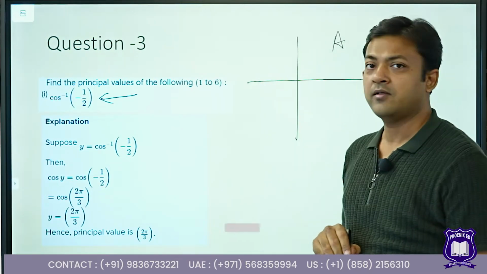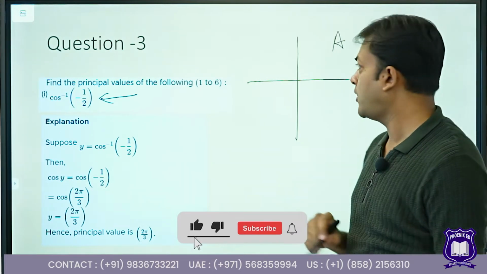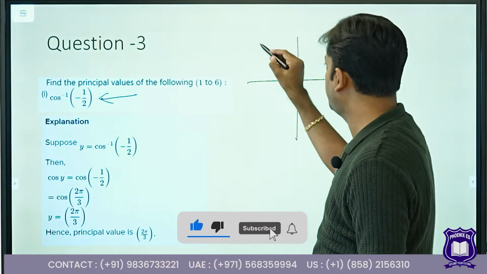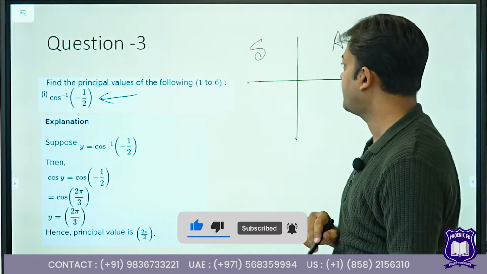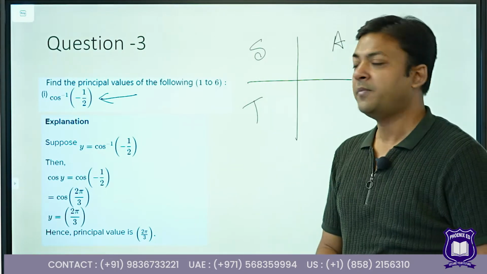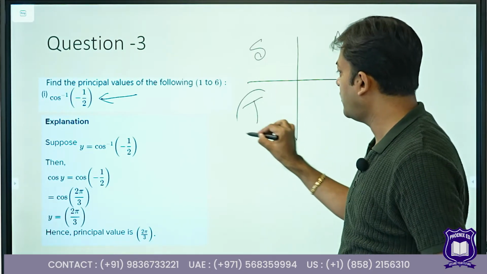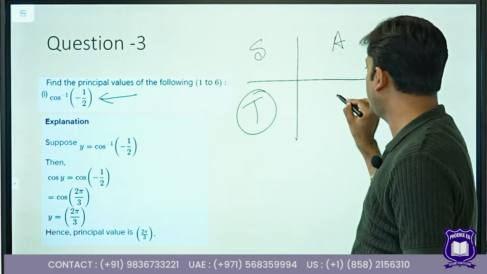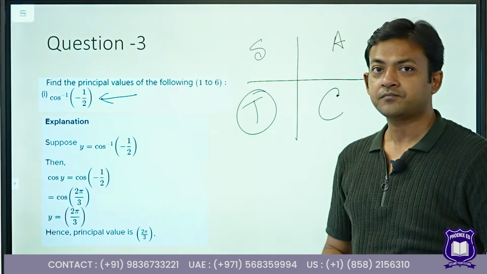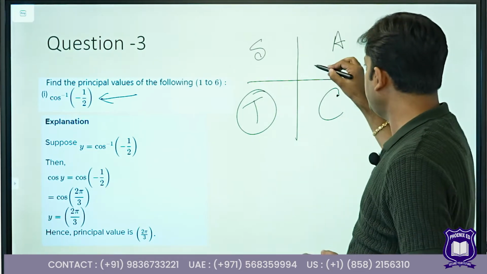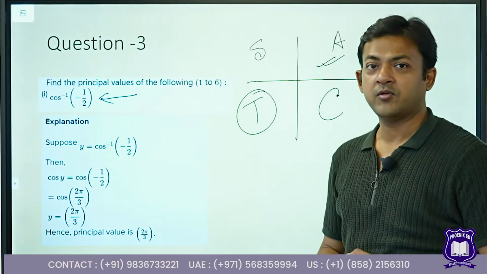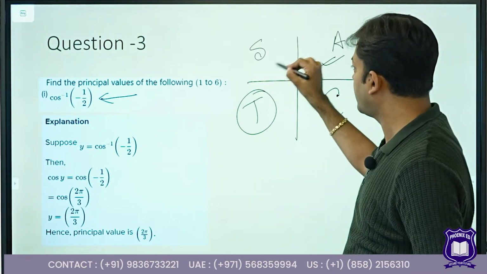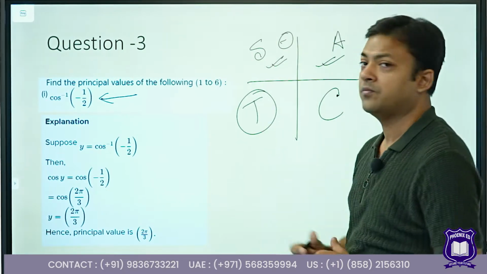The first quadrant is the quadrant of all. The second quadrant is the quadrant of sine. Third would be the quadrant of tan, and fourth one would be the quadrant of cosine. Now, in the first quadrant, cosine angles are positive. In the second quadrant, cosine angles are negative in value.